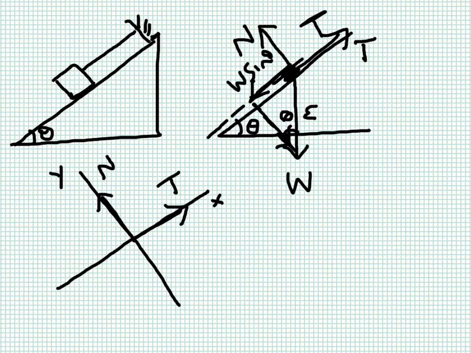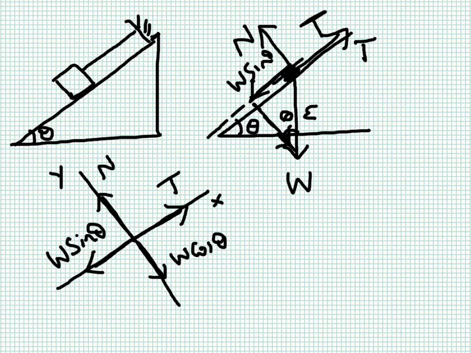So writing it over here, I have W sine theta here, and this is W cosine theta. A lot of times students ask me, why is it that sine theta is the x component and cosine theta is the y component?